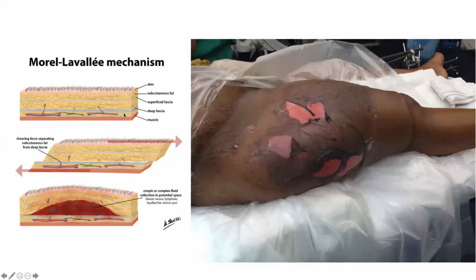If you look at these layers, the underlying muscle and the overlying skin, there is a shearing force and all the blood vessels are being torn off, and that creates bleeding. And a collection of blood is called hematoma.